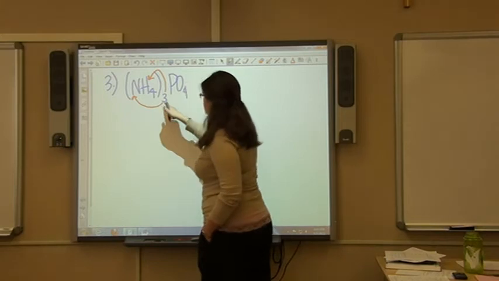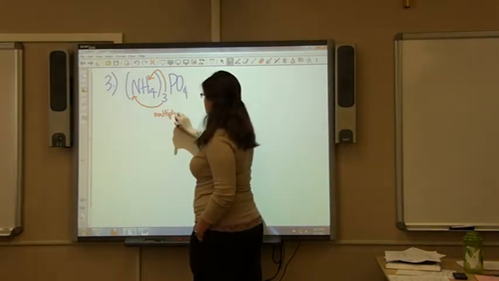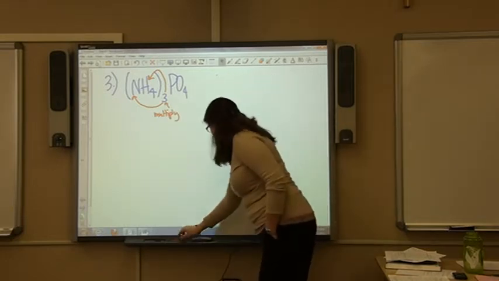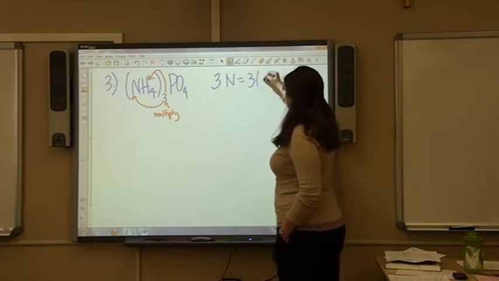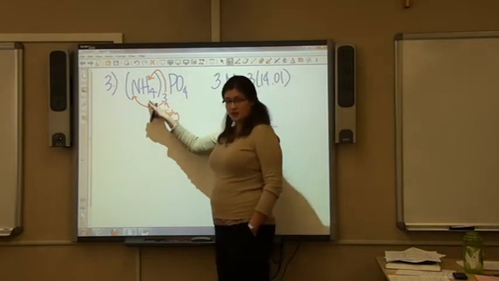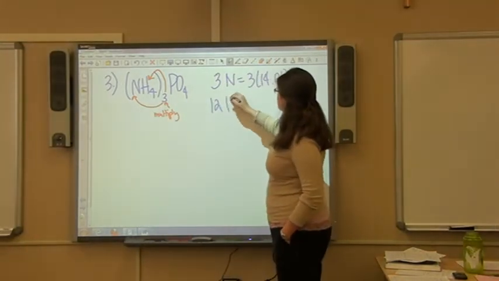So you're going to have to multiply this number. So you're going to have 3 N's. How many hydrogens? 12.